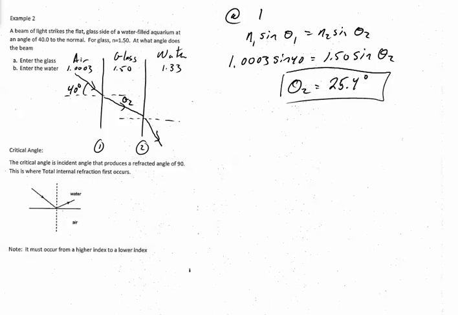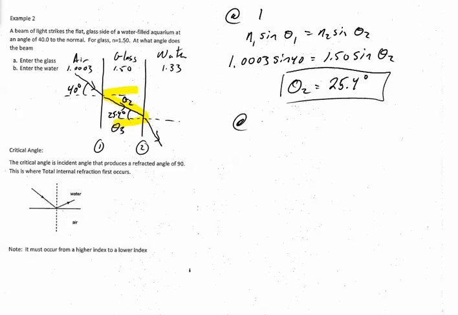Well, if we use our geometric identities, we can see that alternate interior angles are equal. So this top angle, theta 2, will be the same as this bottom angle down here. So this should be 25.4 degrees as well. Let's call that theta 3.